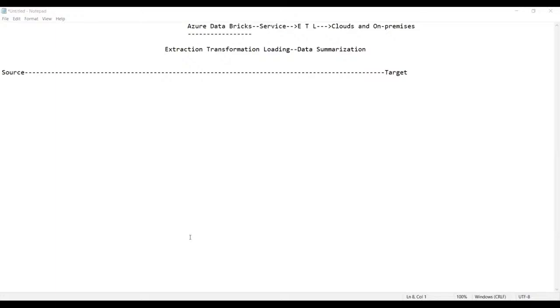So now, we have source, and source is nothing but a place where you can find the data. In the source, we can get the data in the form of files. Or else we can get the data in the form of databases.